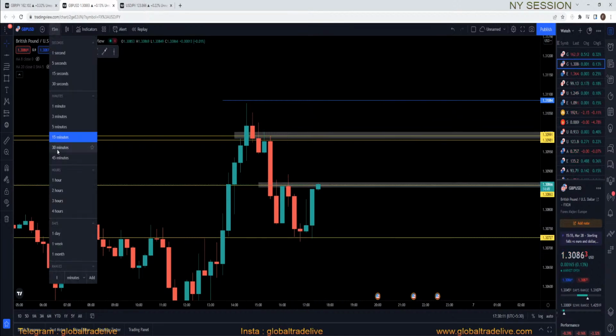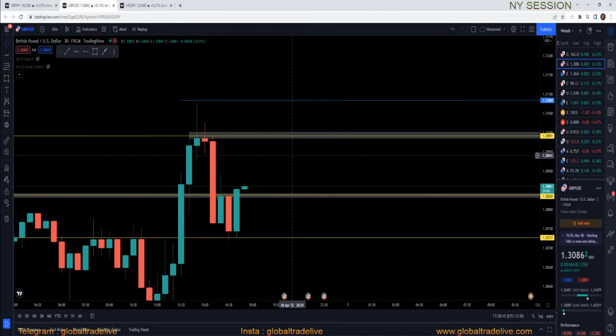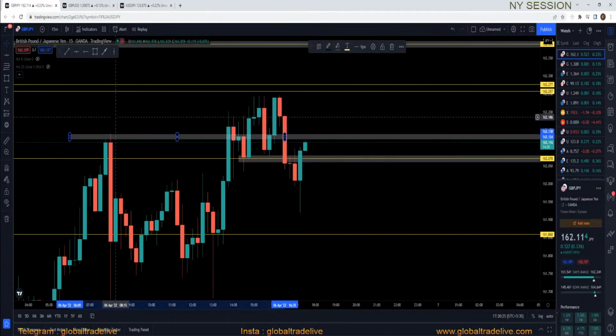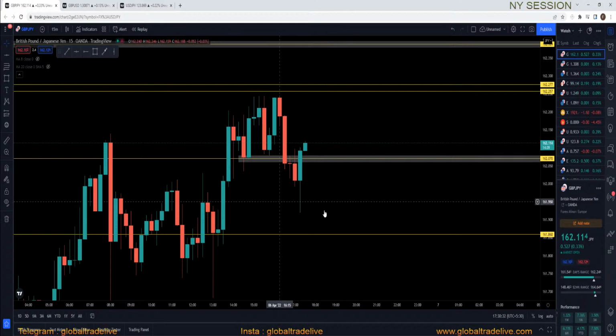The 15-minute candle closed with no wick on the top. The 30-minute candle closed with no wick on the top. That means there is no trade. No trade. The GBP JPY candle closed above this area, so that means this is a fake out.